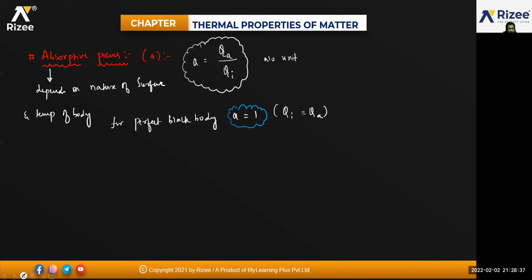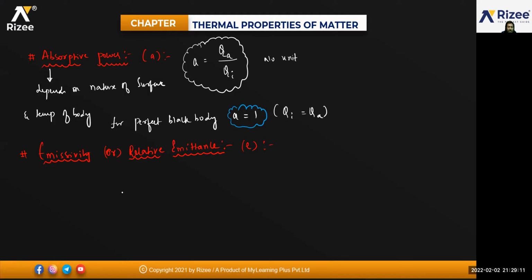The next one, and a very important term, is emissivity, or we can also call it relative emittance, represented by letter small e.